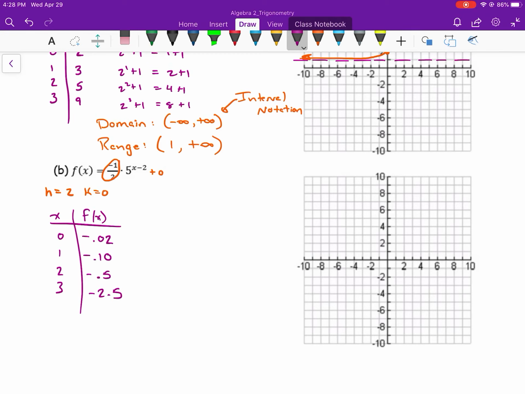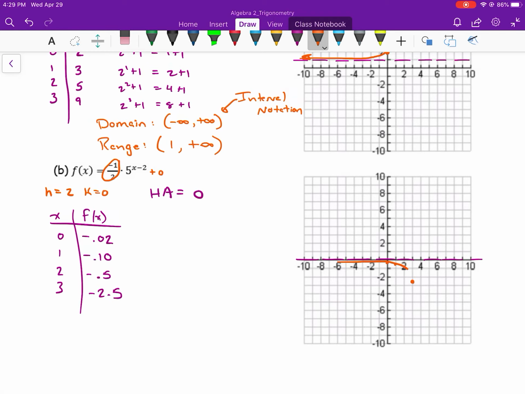So my horizontal asymptote is 0. So my 0 and negative point is very close. And then 1, still closer, get about halfway. And then 3 is -2.5.